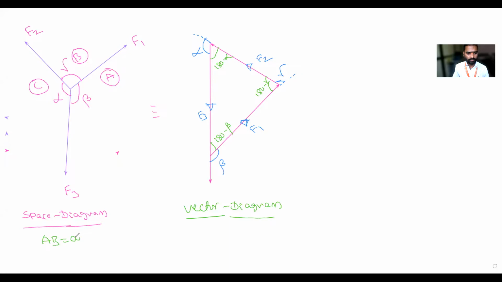AB is equal to small ab is equal to F1. BC is equal to F2. CA is equal to small ca is equal to F3. Calculate this one.